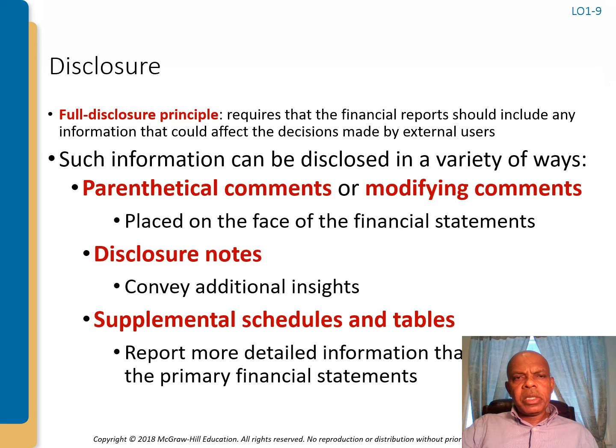Okay, I think we discussed disclosure information. When we put together financials, disclosure information is important. The full disclosure principle requires that financial reports should include any information that could affect the decisions made by external users.